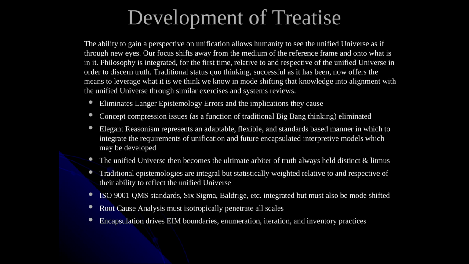The degree that ISO 9001 quality management system standards matter is important, and Six Sigma and Baldrige and the other quality systems that you might employ against any given process, they're important, but they also have to be mode shifted. And when we do, we find that there are two different kinds.